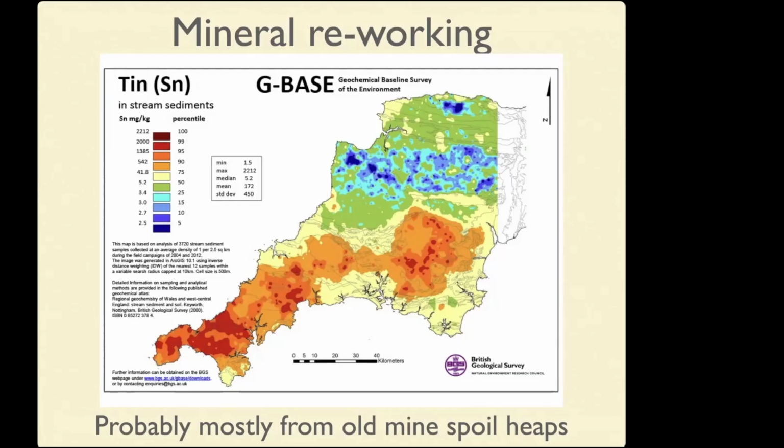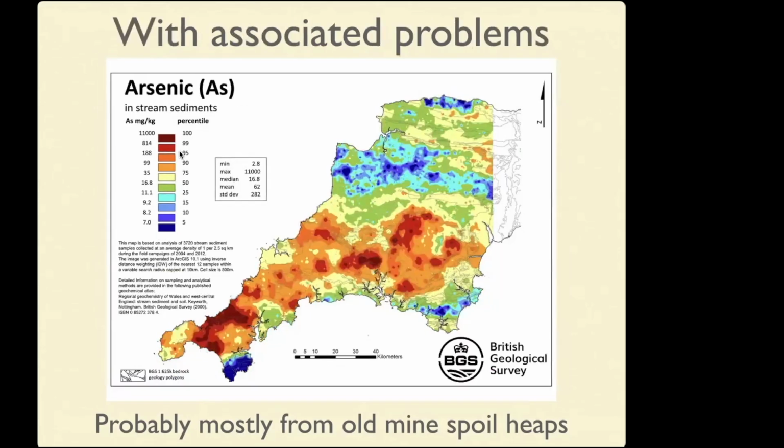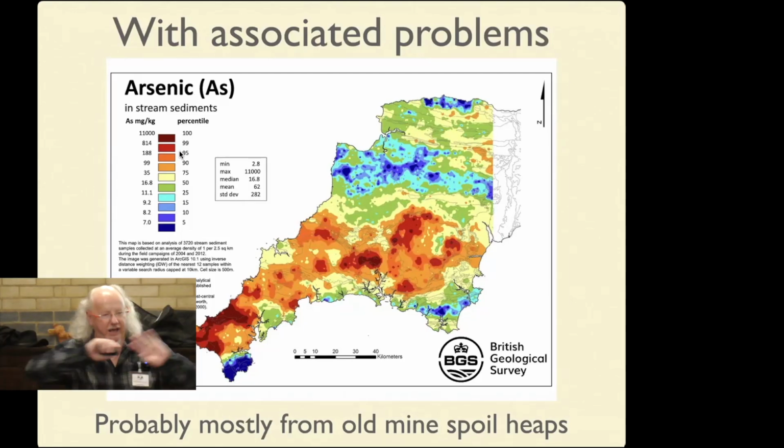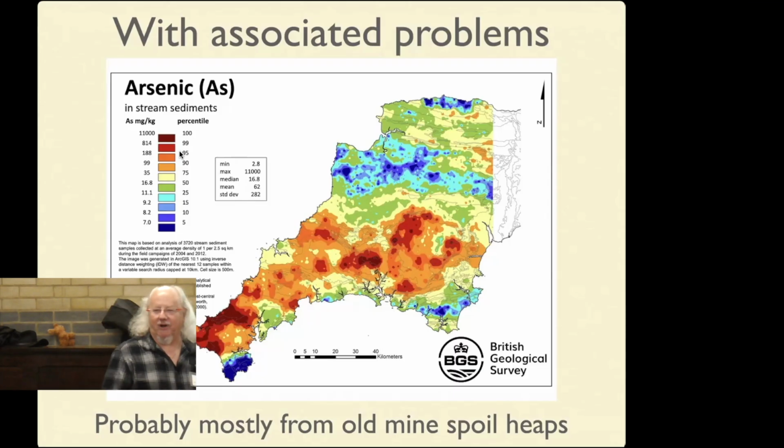But this, like I say, is probably from old spoil heaps from mines, and it comes with its own problems, in that that's the same map for arsenic. So yeah, do you really want to live here? But there are mines everywhere. You can't move for mines in the West Country.